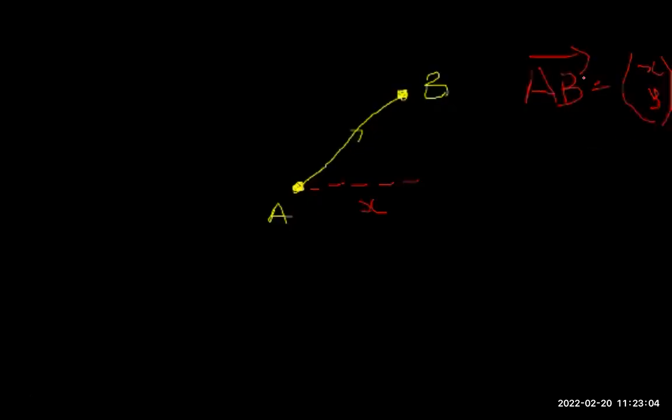Okay, let's just pretend that looks neat. My column vector AB is denoted by x, y. X is the displacement along the x-axis, so it would be this right here. And then y is the displacement along the y-axis, so it would be like this. Whatever my x value is, whatever my y value is, that's how I went from A to B.